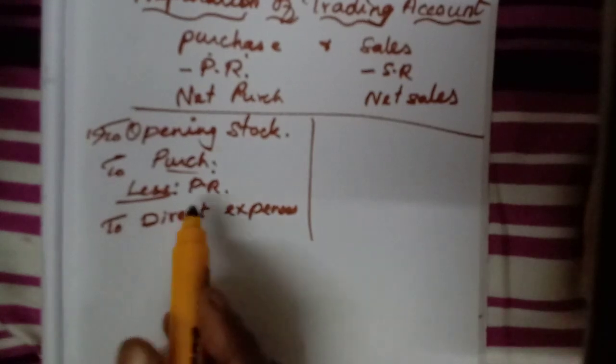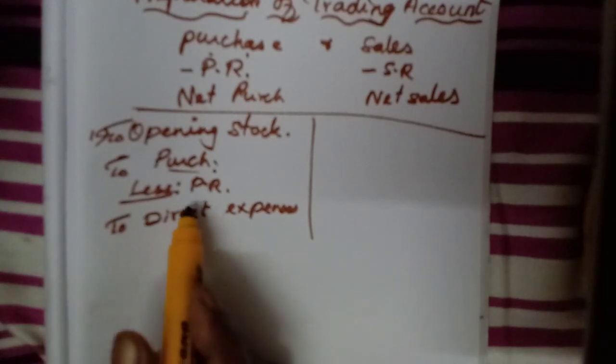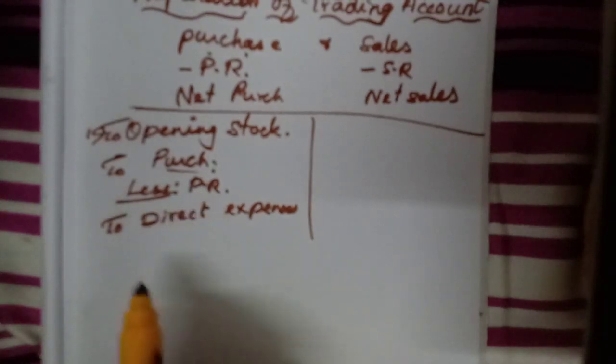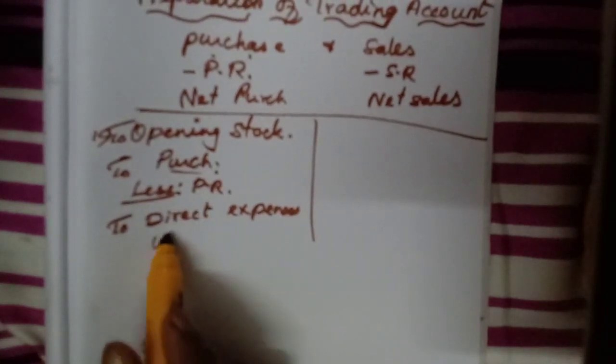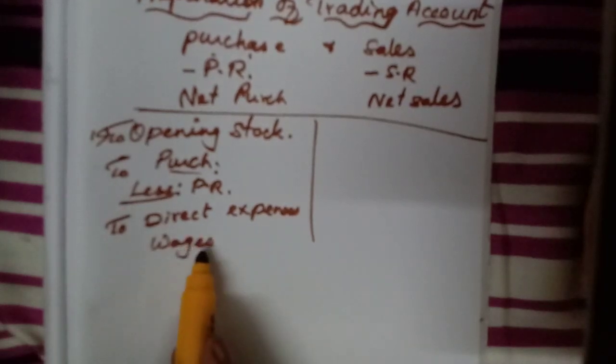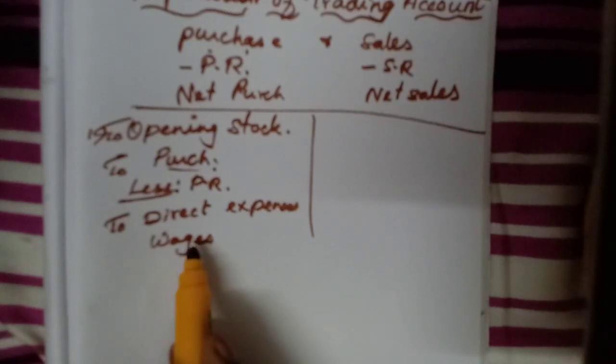Only the manufacturing expense or the expenses with regard to the purchase of goods and bringing the goods to the factory till it is getting ready for the sale. All those expenses. Example, we can say wages. That wages means the amount that we pay for the workers who are working in the factory.